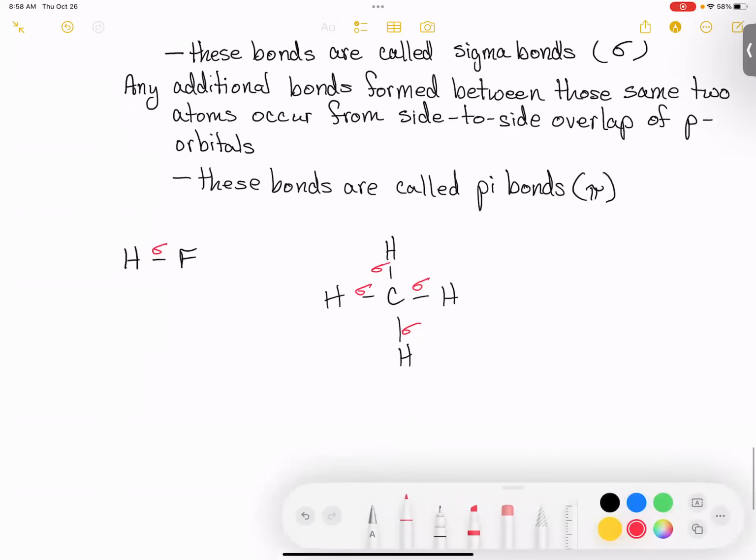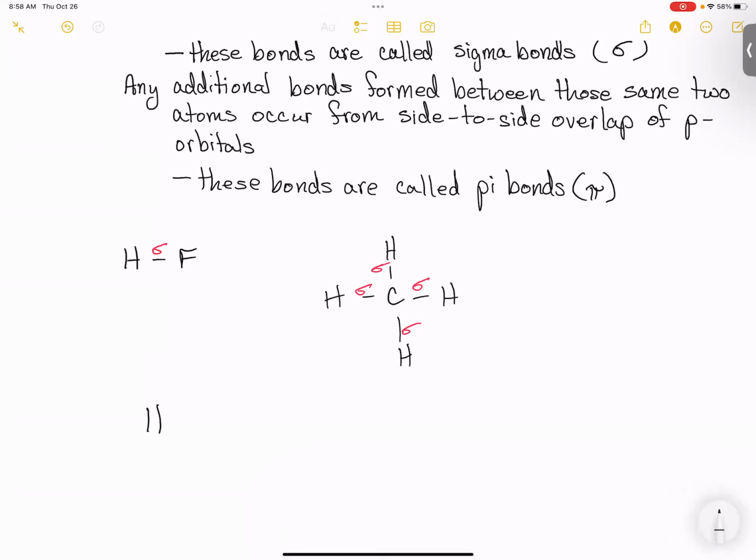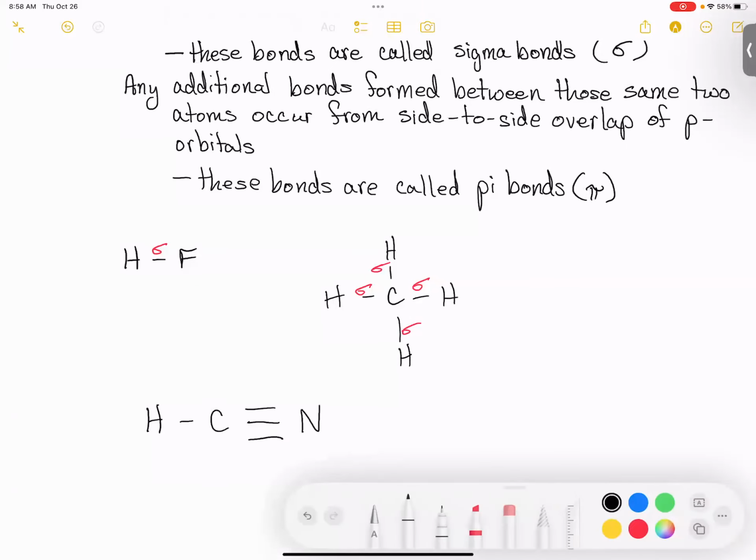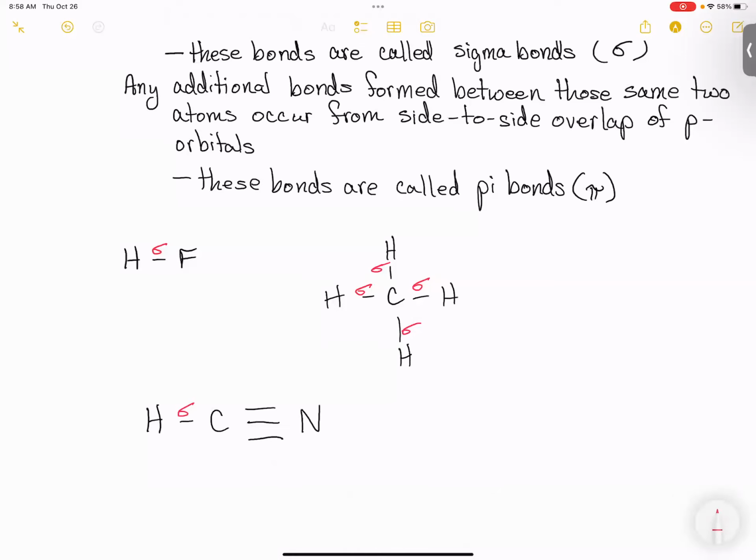But if I have something such as HC triple bond N, for the HC, it's going to be a sigma bond. And one of the bonds between the C and the N will be a sigma bond. But the other bonds between those same two atoms, C and N, are pi bonds.